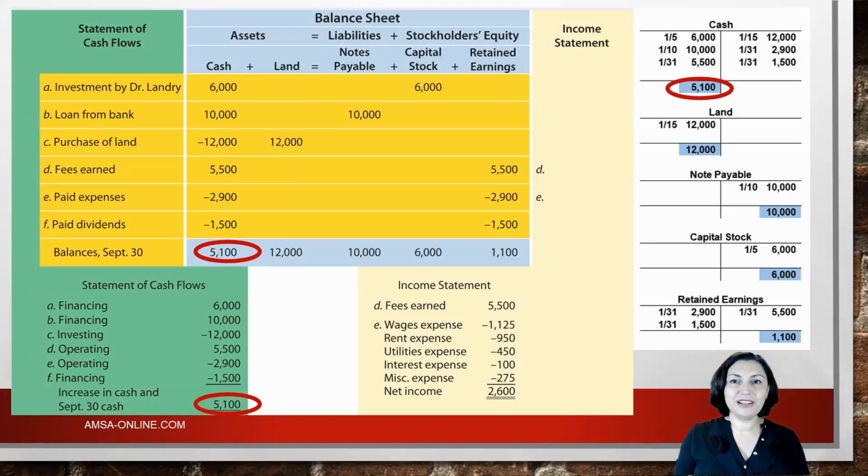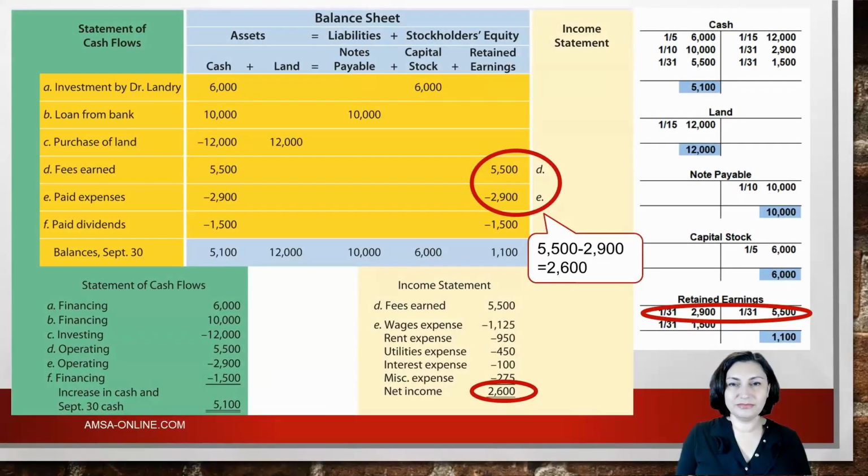Note that the balance in cash account is the same in the balance sheet section, the statement of cash flows section, and in the cash ledger or T account. Let's also take a quick look at the income statement. Net income is the amount by which revenues exceed expenses.